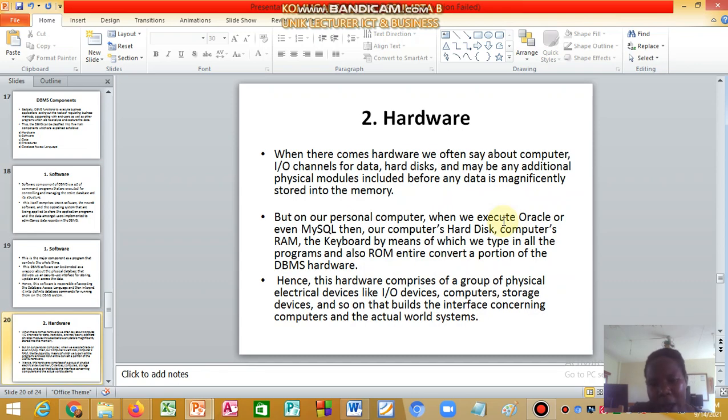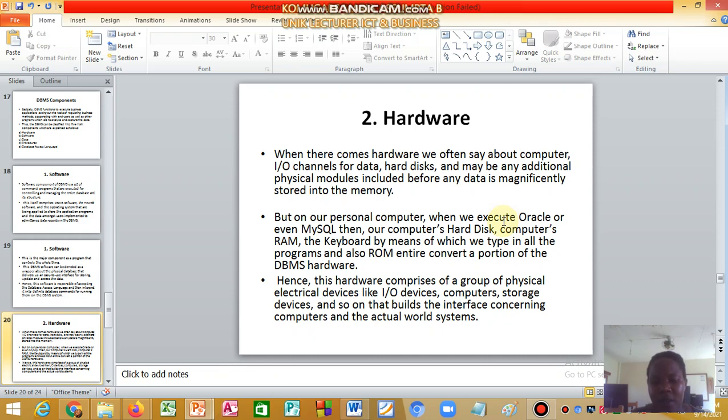We have the hardware. We often say computer input-output channels for data, hard disk, and maybe any additional physical modules included before any data is stored into the memory. So we execute Oracle or even MySQL, then our computer's hardware, computer's RAM, the keyboard, by means of which we type in the programs, and also ROM, entirely constitute a portion of the database management system hardware.